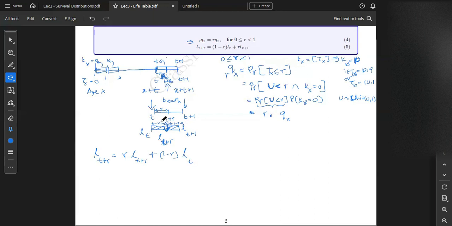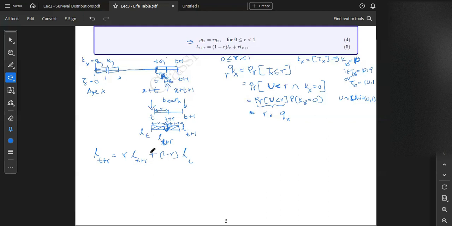It's just the first proportion multiplied by the second, or we have an interval with l_t and l_{t+1}. So r is the distance from l_t to the death point, and 1 minus r is the distance from the death point to the beginning of the next year. So you just need to multiply the r with the next year survivors and 1 minus r with the current year survivors.